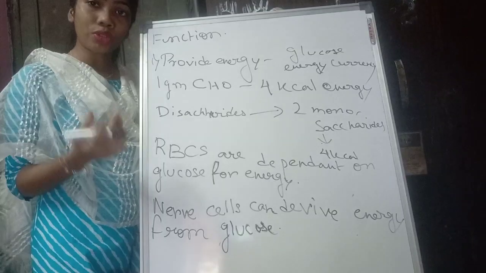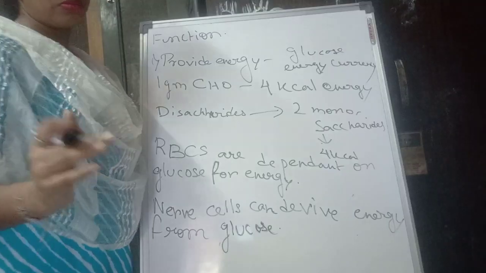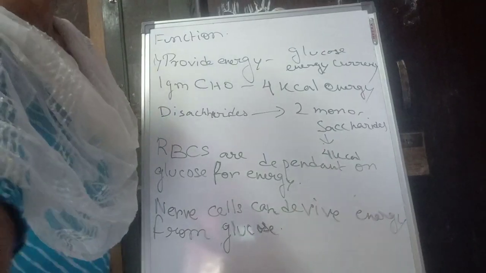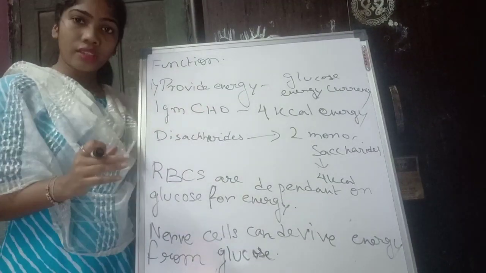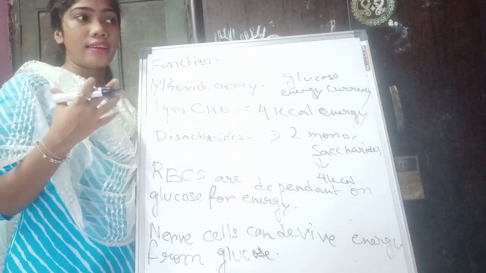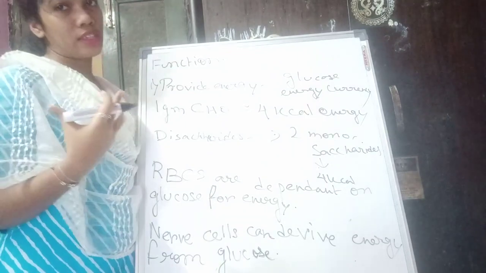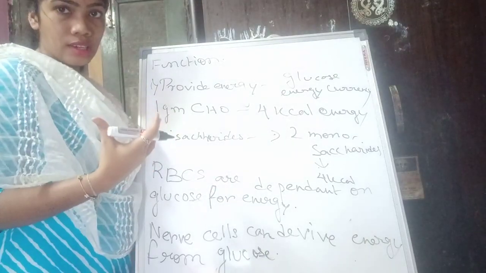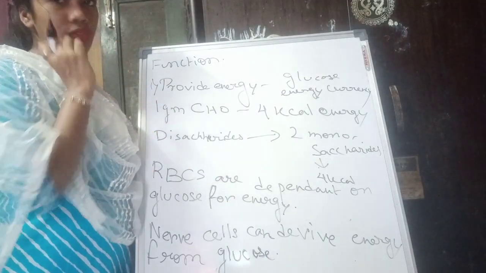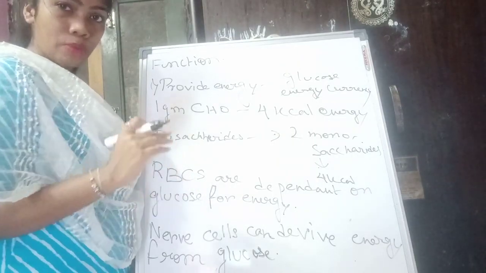Anything which involves analysis or thinking will not be easy for you to understand, because your nerve cells and your brain are not able to work, as they are lacking the only source of energy for them. Okay, so this is the first function of carbohydrate, to provide energy.